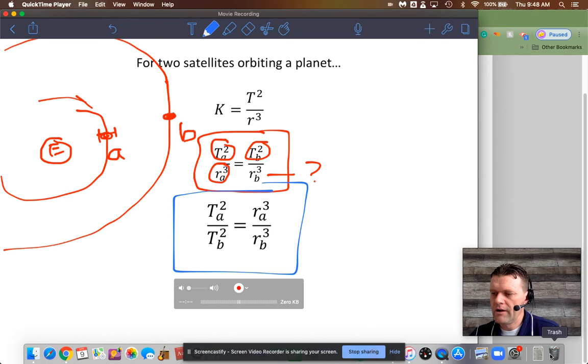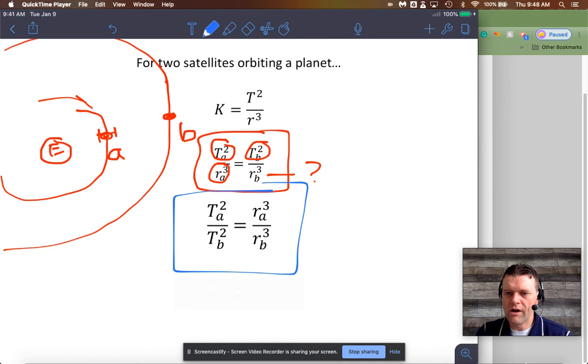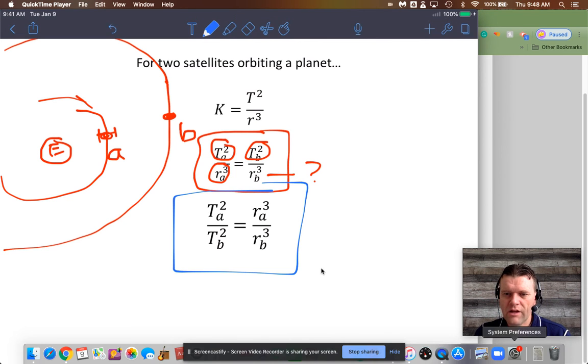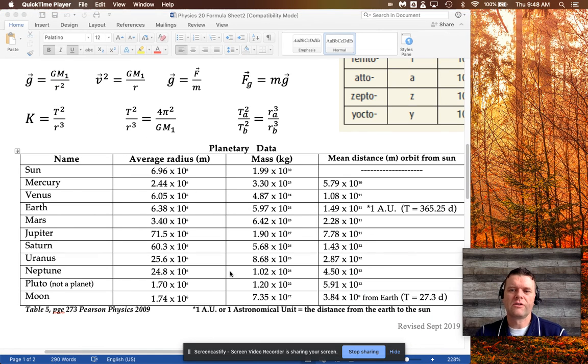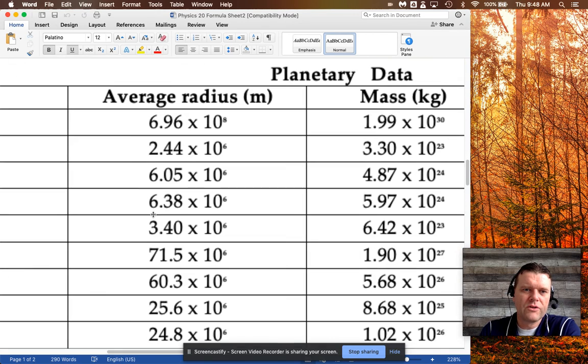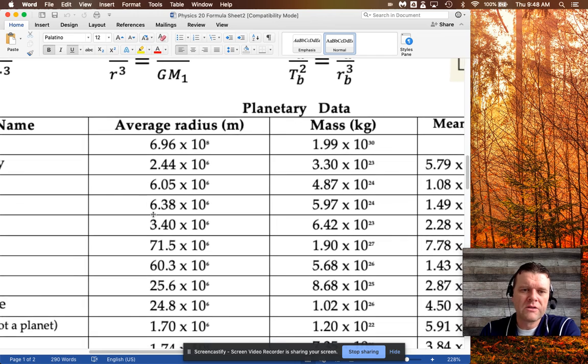So that's a quick introduction to the formulas, and there is definitely some complexity here. In fact, what I should also emphasize is this table here. You're going to use this a lot as you get going into some of these practice questions, and I'll probably make a few videos of a few of these questions just so you can see how they're done. You can see here the columns. This one here is the average radius, in meters.